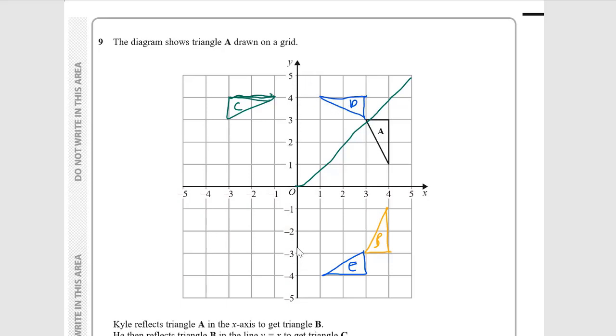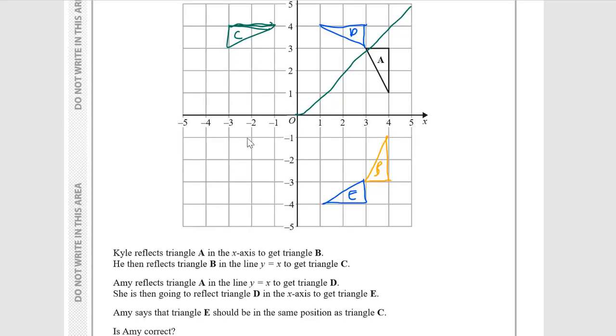So that's the y-axis, where x equals 0. So if she reflected D along this axis, she would get C. But obviously, in this case, she's reflected D in the x-axis, which is where y equals 0, which is here.